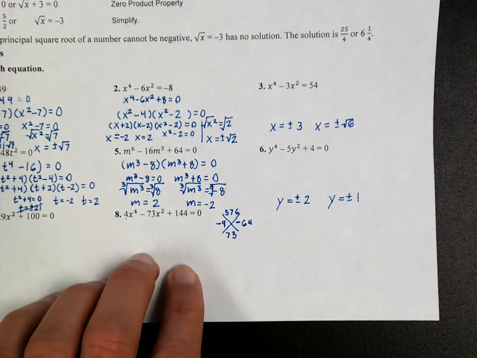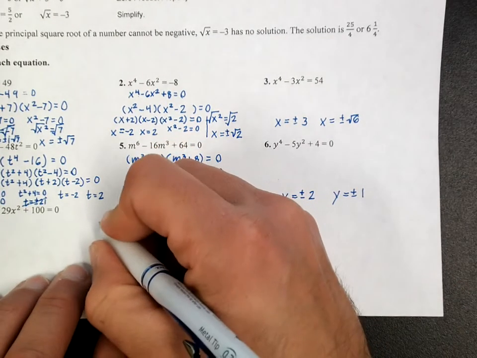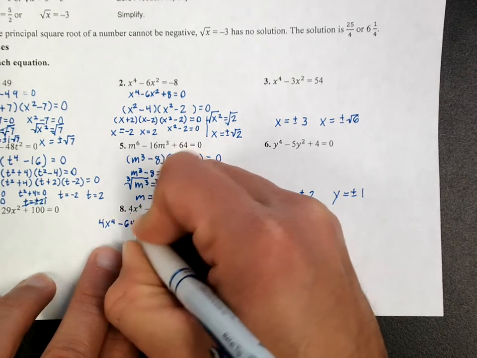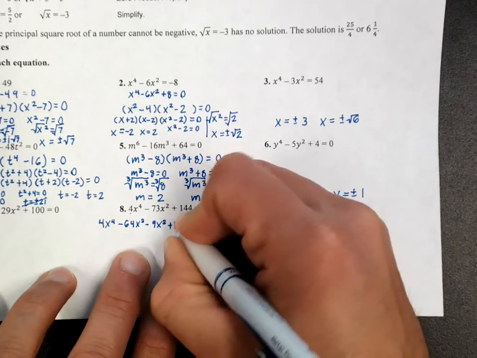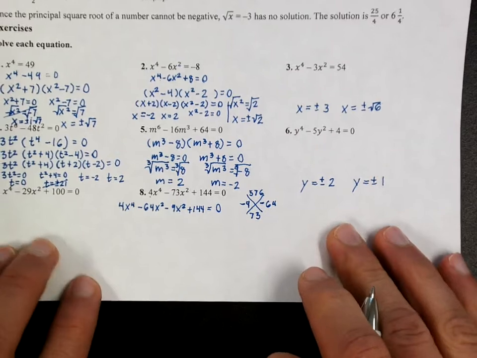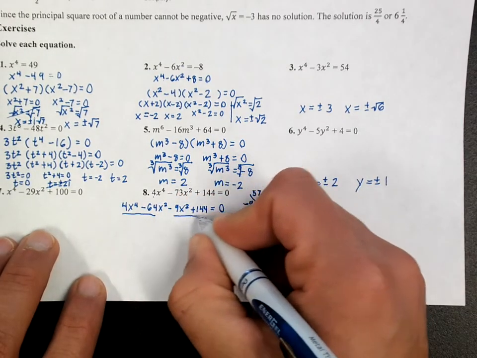All right. So now that I've done that, I'm going to go ahead and rewrite this equation as 4x to the fourth minus 64x squared minus 9x squared plus 144 is equal to 0. All right. Now, remember, we're going to factor by grouping here.